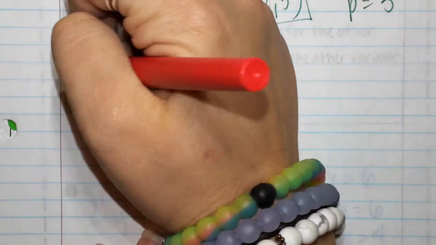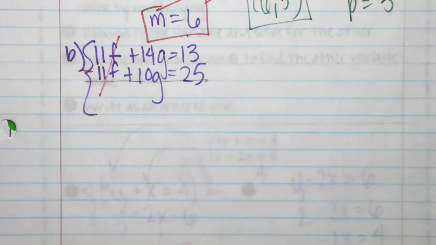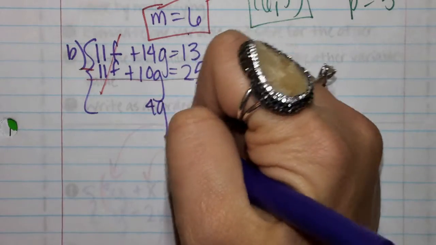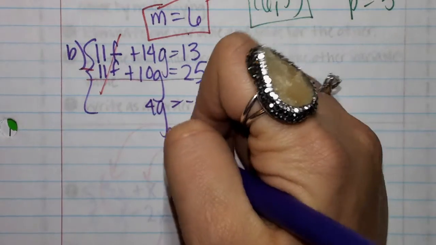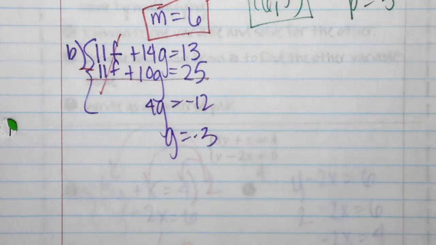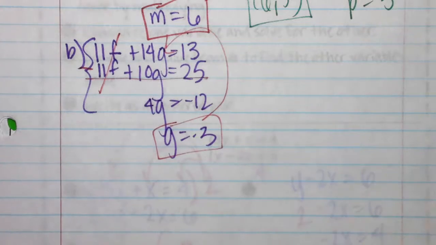We're eliminating this. Minus. You kill it. And that gives you 4G, and then 13 minus 25 gives you negative 12. And divide, and you get negative 3. So then you take that and you plug it in here.